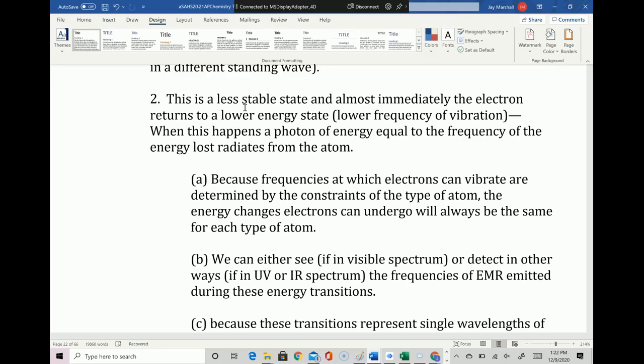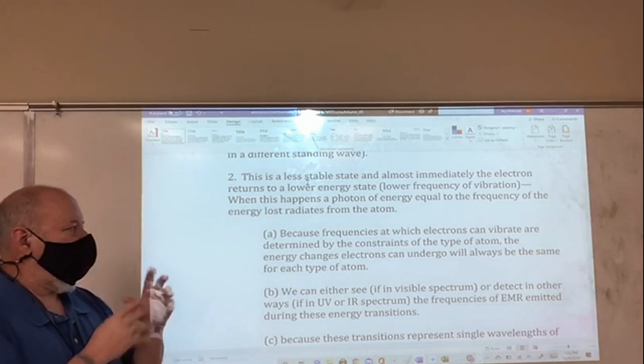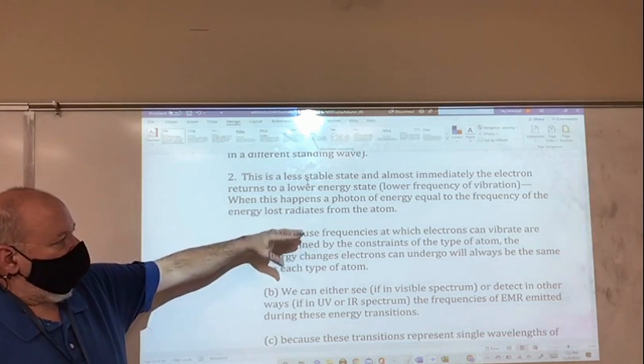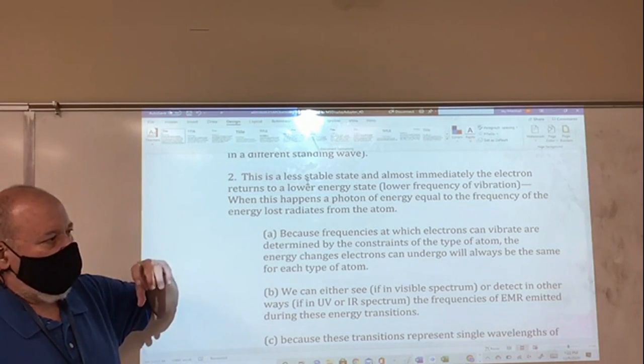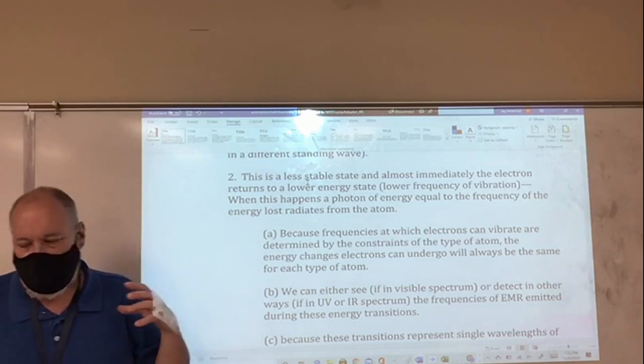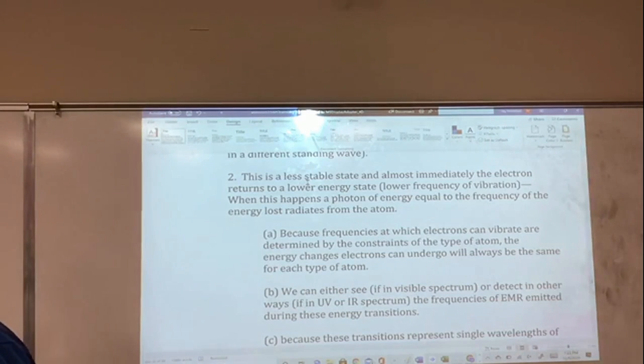And so you can imagine that that system for each specific different type of atom is going to dictate different frequencies at which these electrons can vibrate. It's not going to be that the hydrogen electron vibrates at a certain frequency and then that electron in a helium atom also vibrates at that frequency, right?